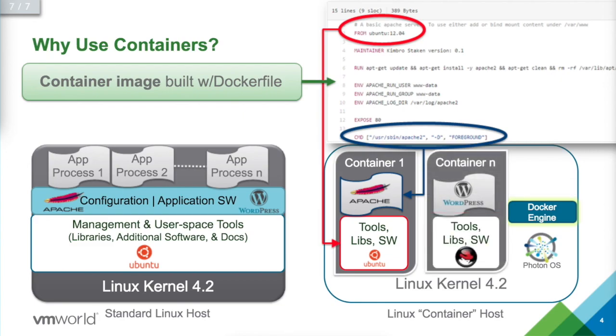On this container host, now we can run multiple containers, each one completely isolated from the others. As shown here, a second container running WordPress can be started, using its own set of tools, libraries, and software. Even the base image can be different. The second container is indeed running Red Hat as base image.